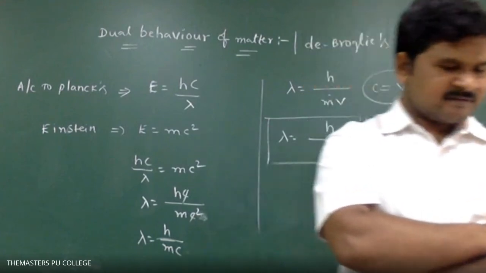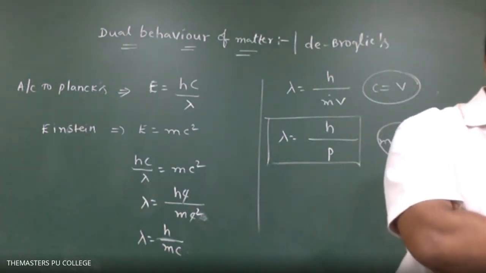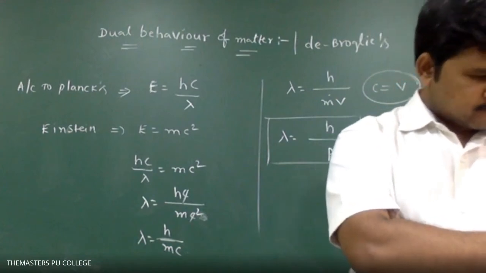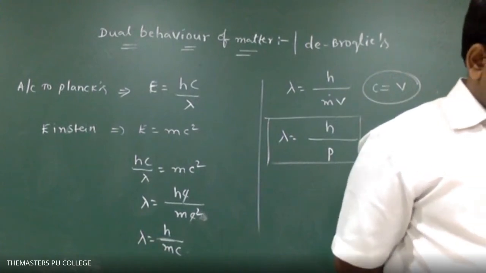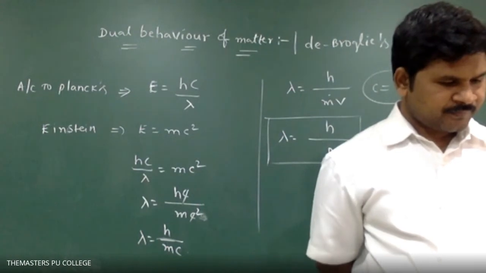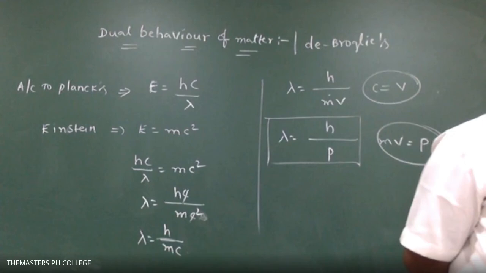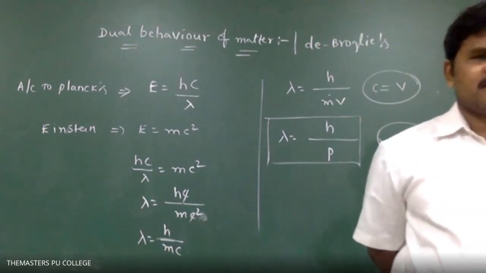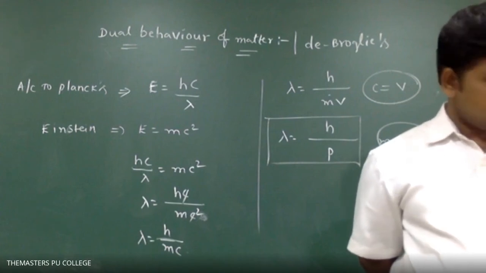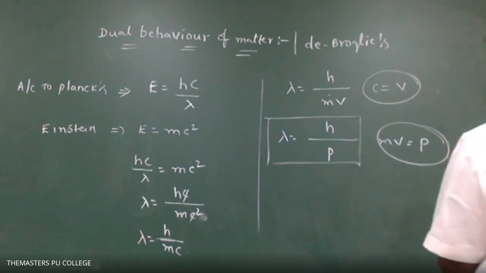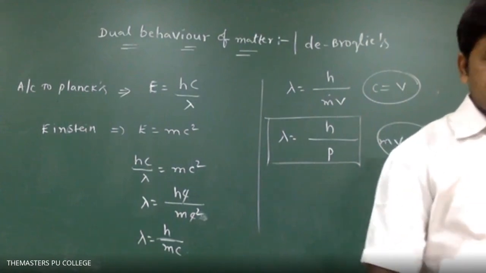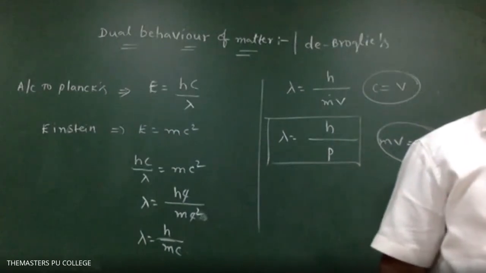According to de Broglie's theory, a moving electron is associated with both wave properties and particle properties.